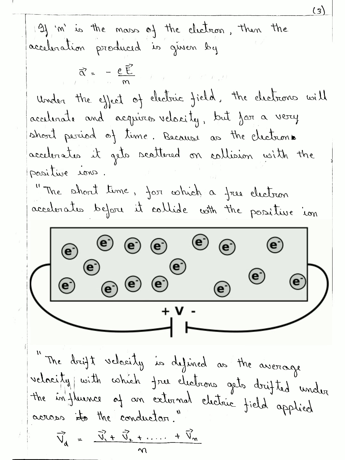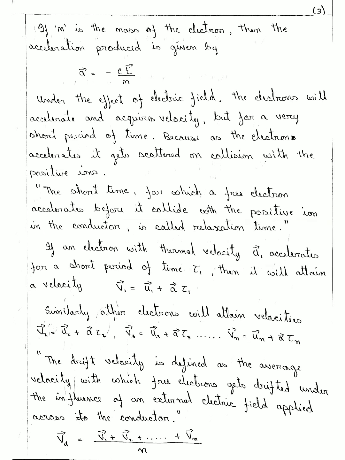It is denoted by Vd and equals v1 plus v2 plus v3 plus ... vn, divided by the number of free electrons n.